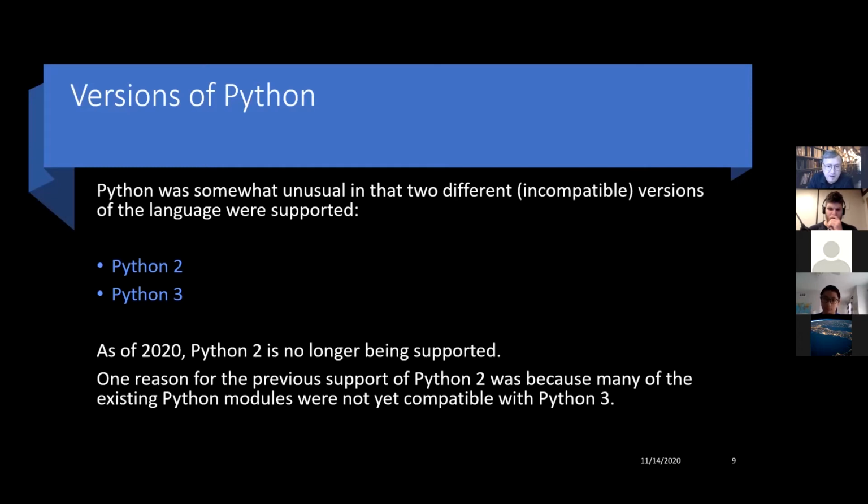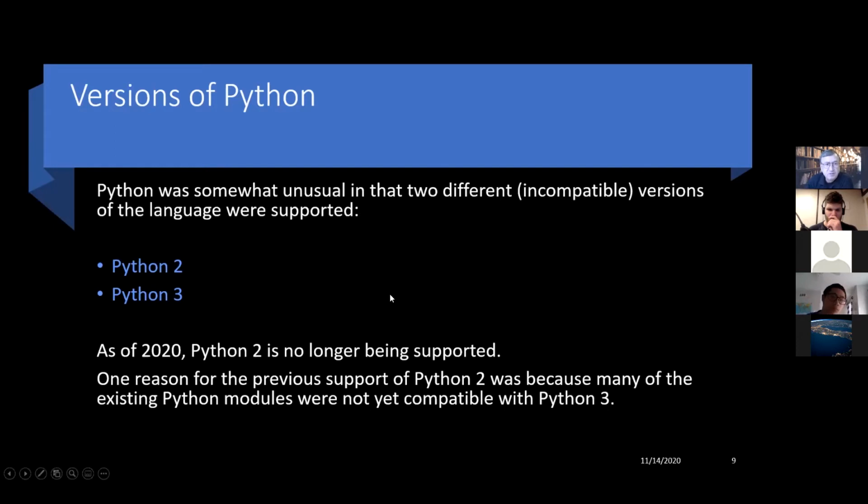The reason why Python 2 held on for so long was because there were so many library modules written in Python 2 that were not rewritten or ported to Python 3, that Python 2 remained supported. But now Python 3 is the only version that you should be looking at.